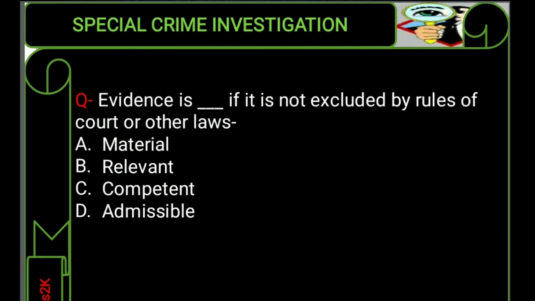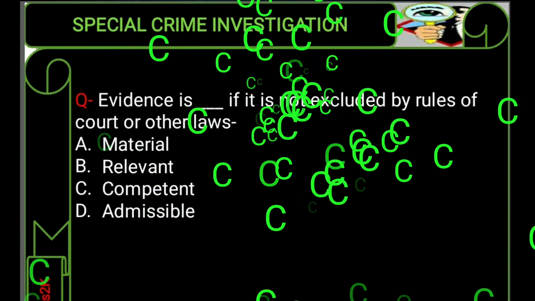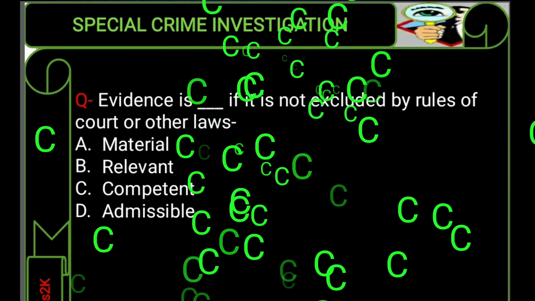So, if the evidence is not excluded by the rules of court, it is letter A, material, B, relevant, C, competent, and D, admissible. The answer here is competent. That is the competency of evidence.